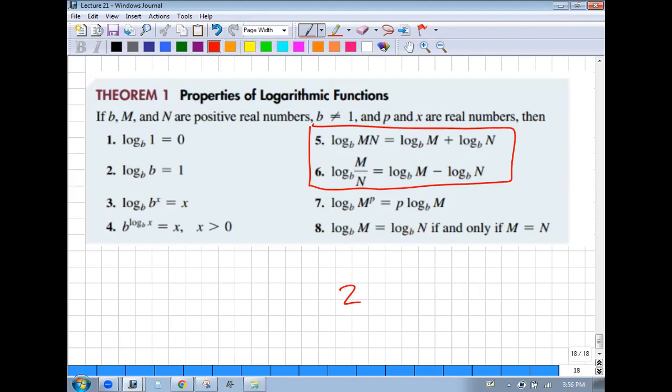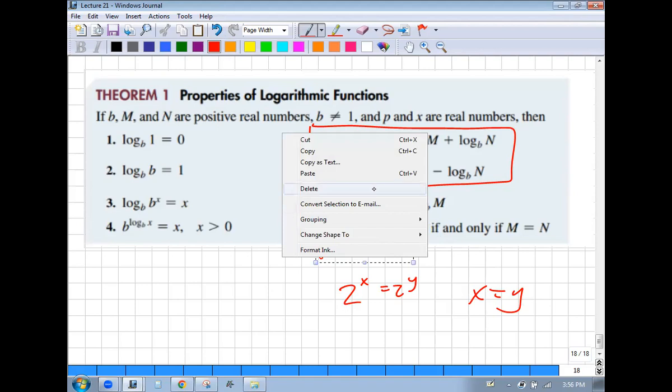It's like saying if I have 2 to the x equals 2 to the y, x has to equal y, right? The log base b is on both sides of the whole thing, so you just get rid of those. And the way you can see that is do b to the power of both sides, right? The b to the log base b undo one another. So that's how you would see that clearly, okay?